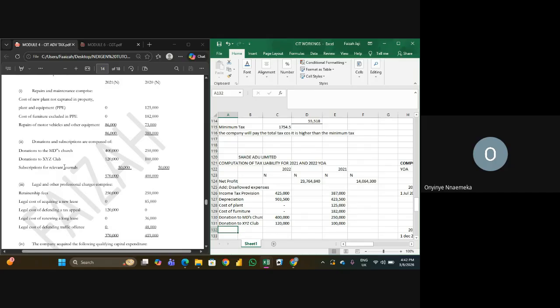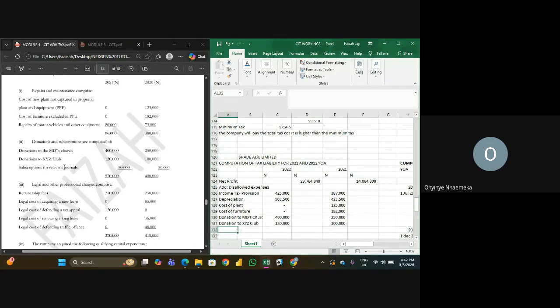Places like Cocoa Research, IITA, you donate to them, you donate to university, is allowed. Whether it's government institution, is allowed. But when you hear clubs that sound personal, like Mama Oníkòkó club, they have nothing to do with the company.